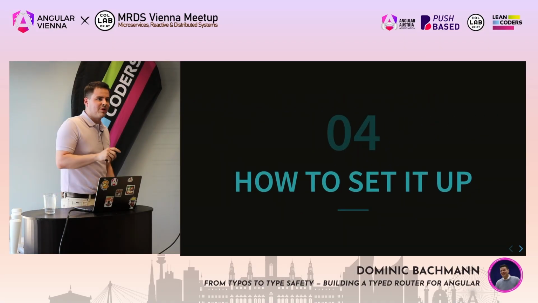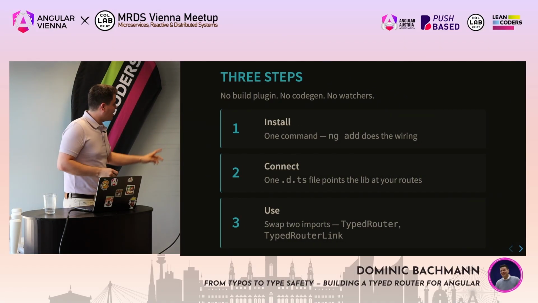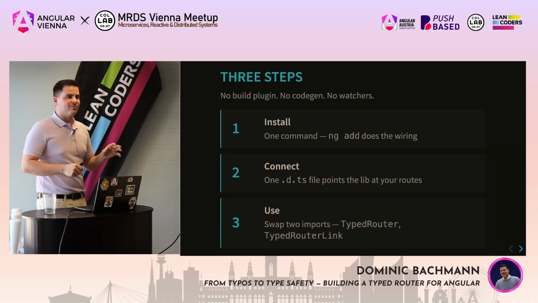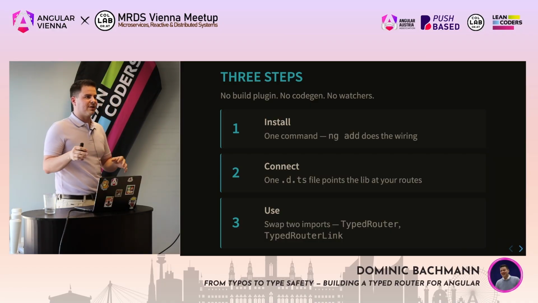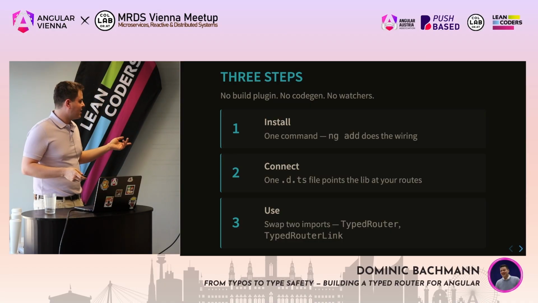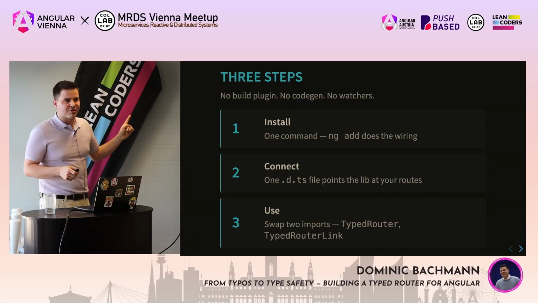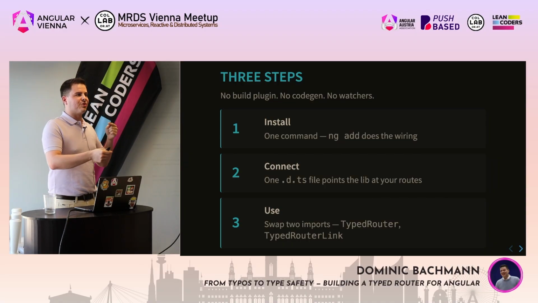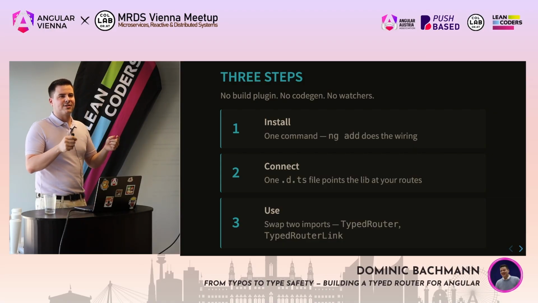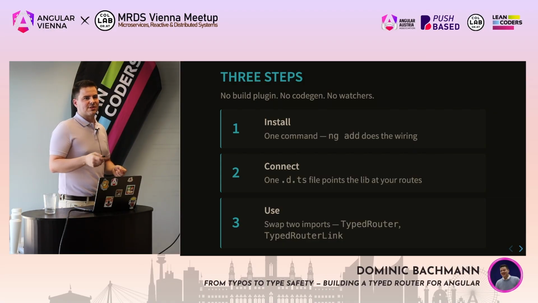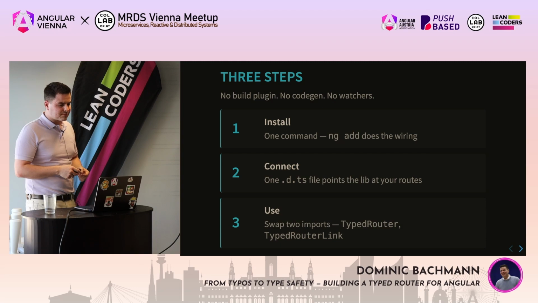Yeah, how to set it up? It's actually really simple. There's an ng-add command. You can just say ng-add Angular typed router, and it will set up the definition file. There's also a migration, by the way, that transforms your route files that it finds to asConst satisfies Routes instead of just colon Routes.